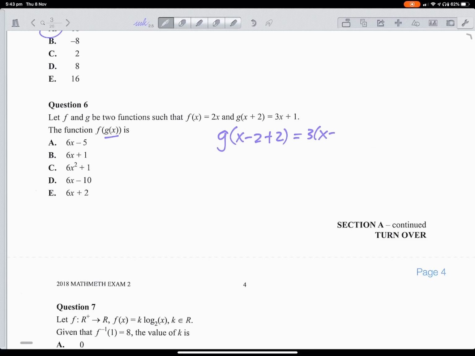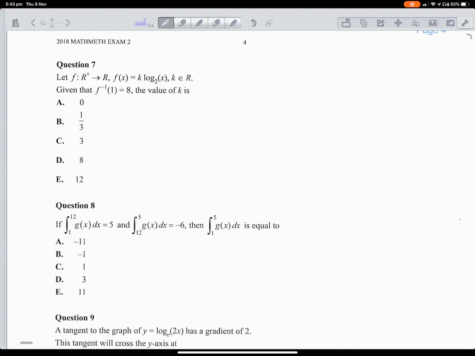So 3x minus 2 plus 1, which is 3x minus 6 plus 1 is minus 5. And then f of 3x minus 5 is going to be 2 times 3x, which is 6x, and then minus 10. 6x minus 10.